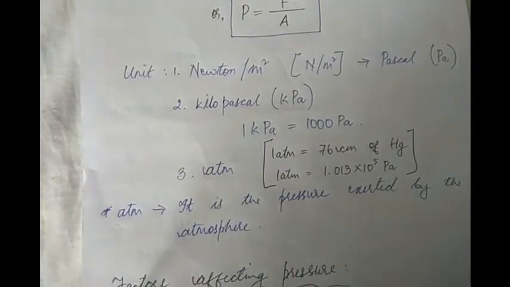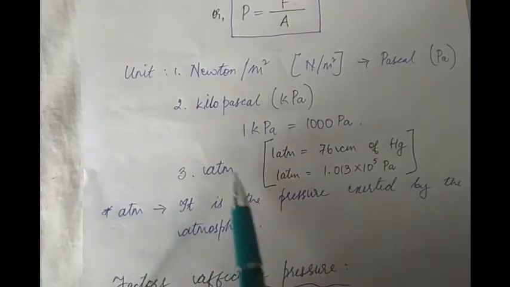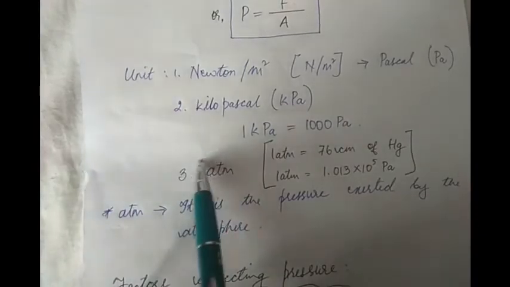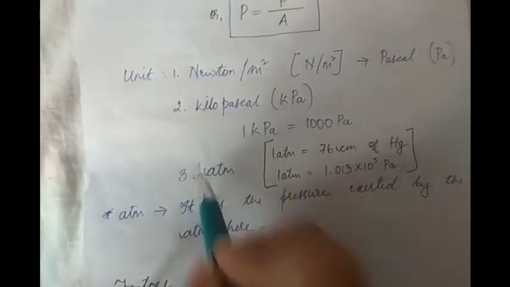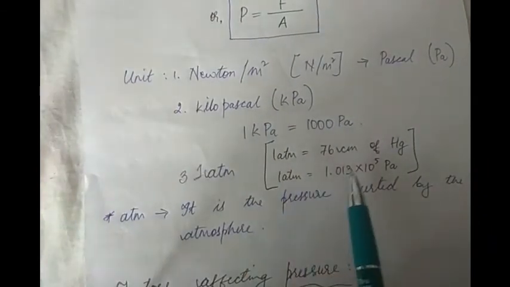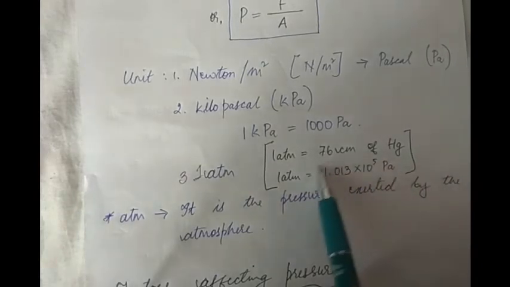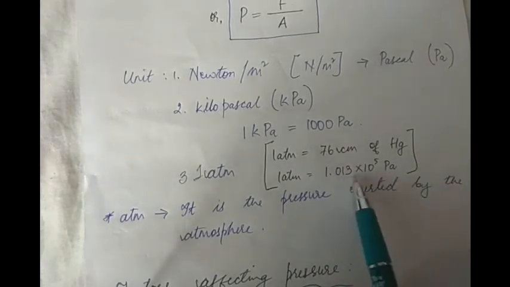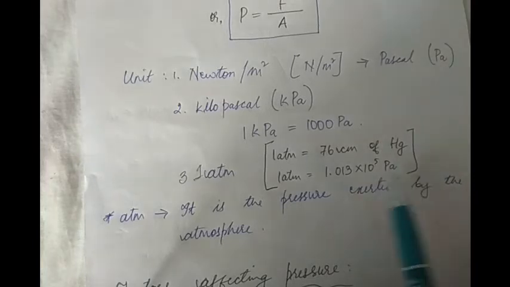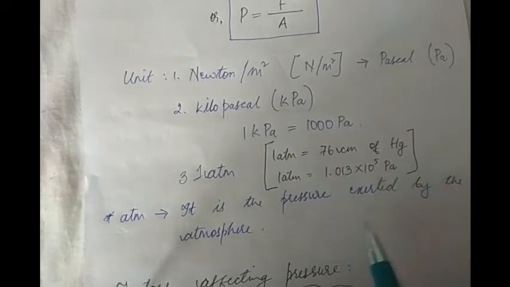We have atmosphere surrounding the earth, so the pressure exerted by the atmosphere is what is called 1 atmosphere. 1 atmosphere is equal to 1.013 into 10 to the power 5 pascals. This is quite a huge value, remember.